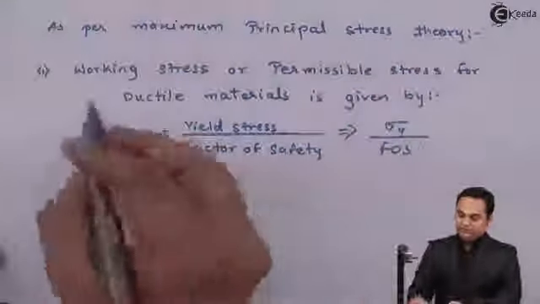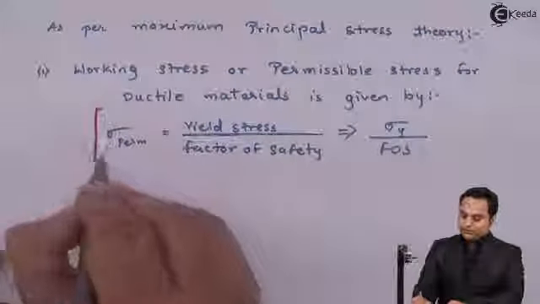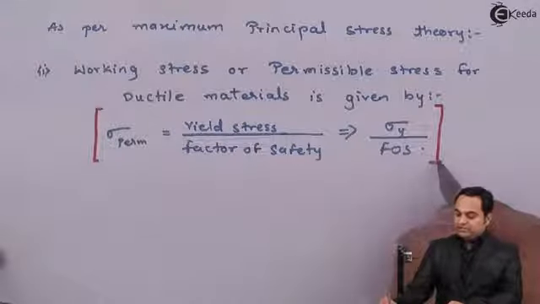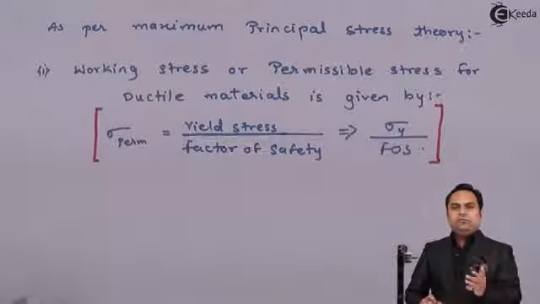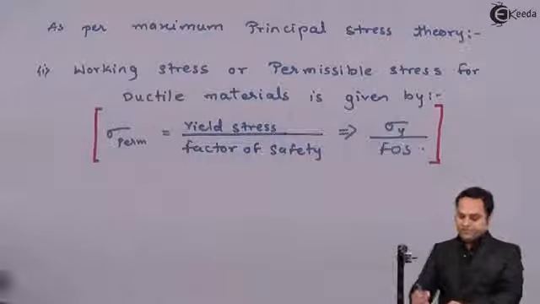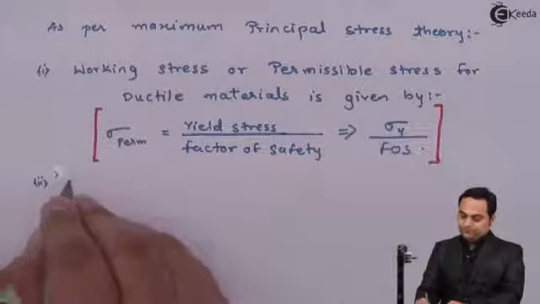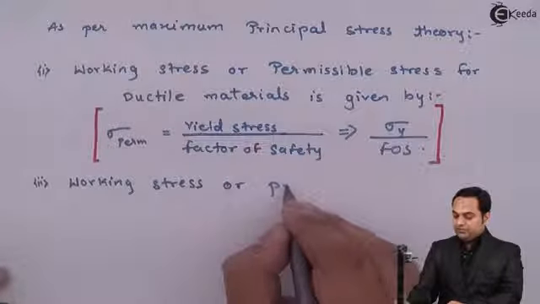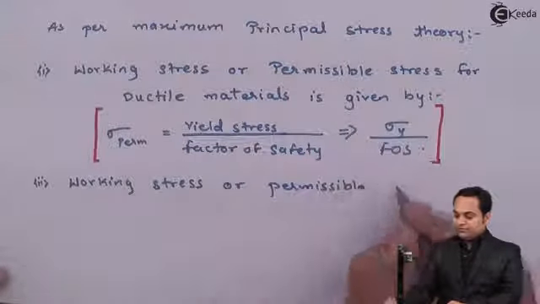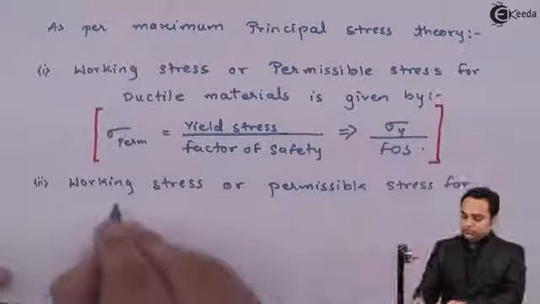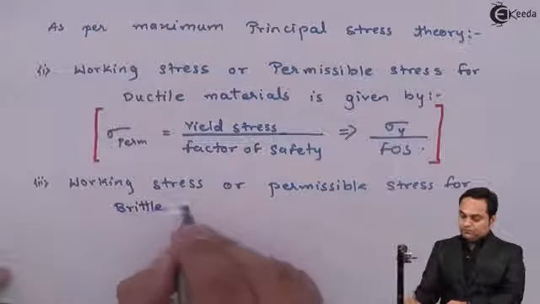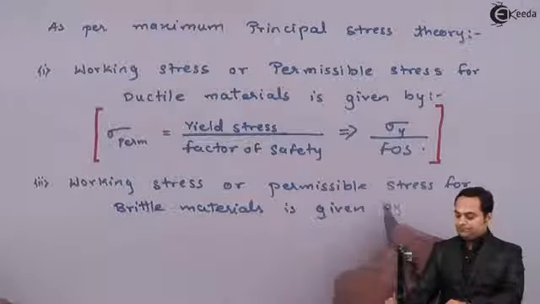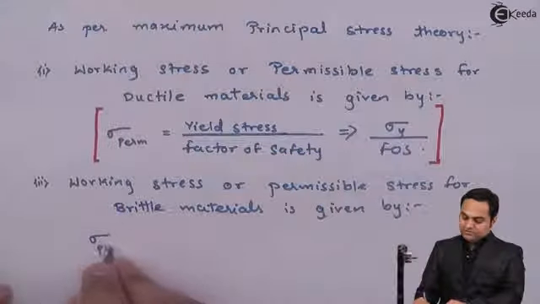So it means if we use this relation, we can reduce the value of the working stress, and we can avoid the failure of that material. Next, similarly, working stress or permissible stress for brittle materials is given by the permissible stress.